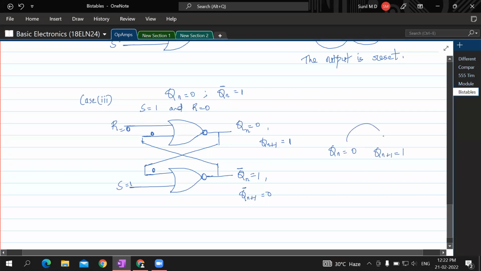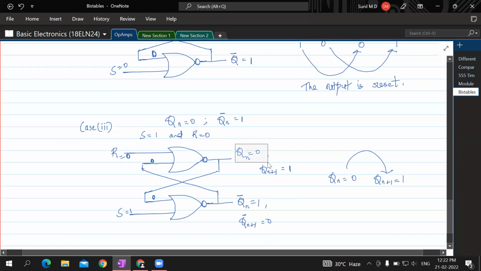So from 0 it became 1. You need not have to see this. Don't bother about Q bar, just bother about Q. That is sufficient. So here earlier it was 0, but since set is 1, it became 1. Therefore, the output is set when S is equal to 1 and R equal to 0.